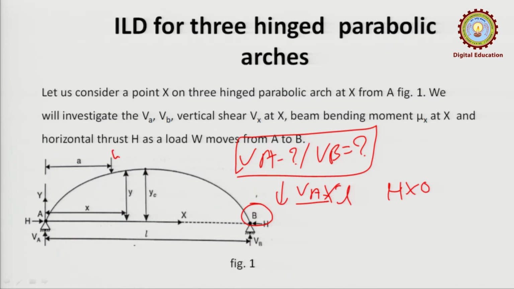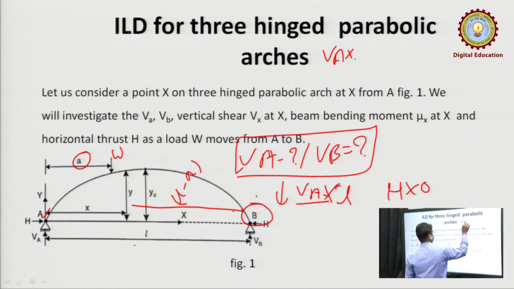Next, we have a load W at a distance a from point A, so the distance from B is L minus a. The equation is VA into L minus H into 0 minus W into (L minus a).